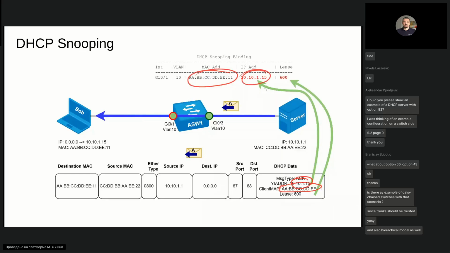Fine. Now it has the IP address, so it states a new IP address and the lease time. After that, we understand that behind this port we have the endpoint with this MAC address, with this IP address, for this number of seconds.